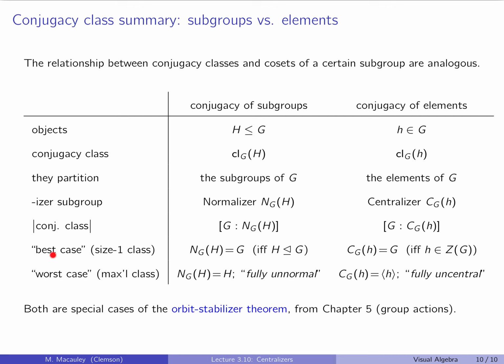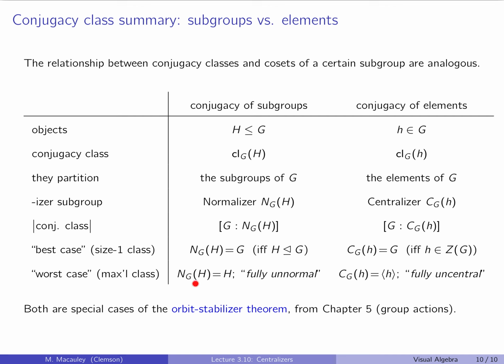The so-called best case scenario is when the conjugacy class has size 1. For subgroups, this occurs when the normalizer is equal to G, which means that H is truly normal in G. For elements, this happens when the centralizer is equal to G, and this happens if and only if h is truly central. On the other end of the spectrum, the so-called worst case scenario, the conjugacy classes have maximal size.